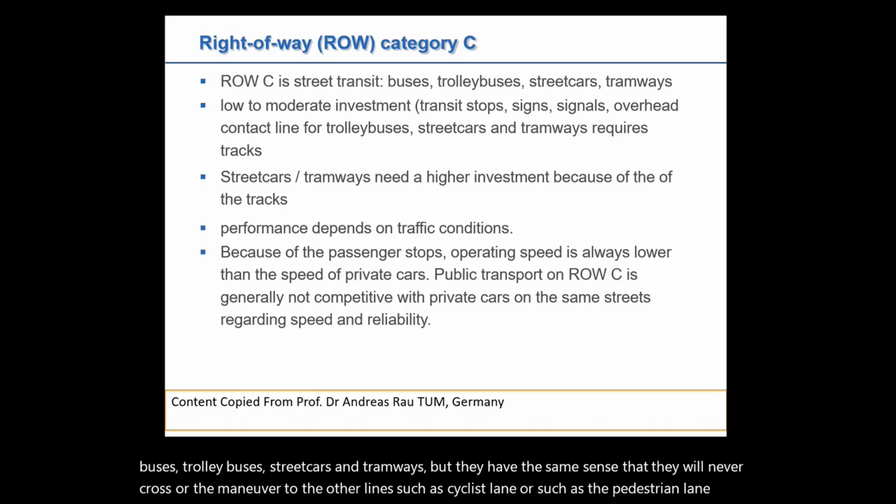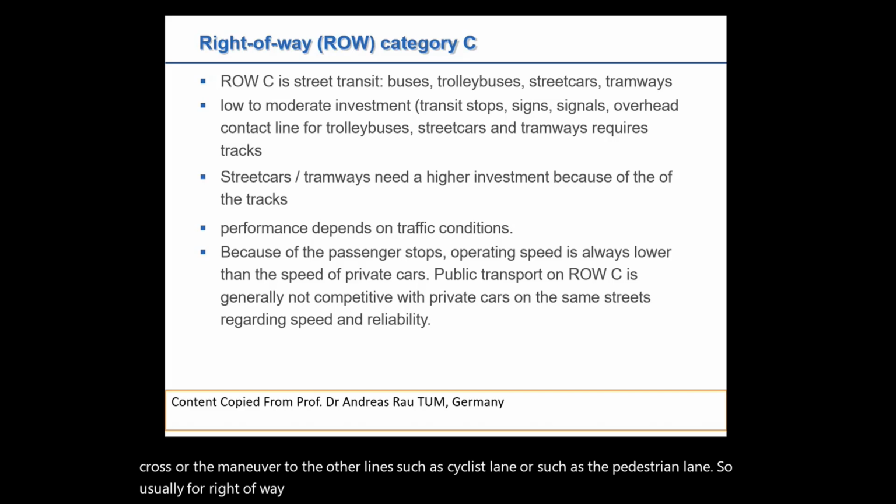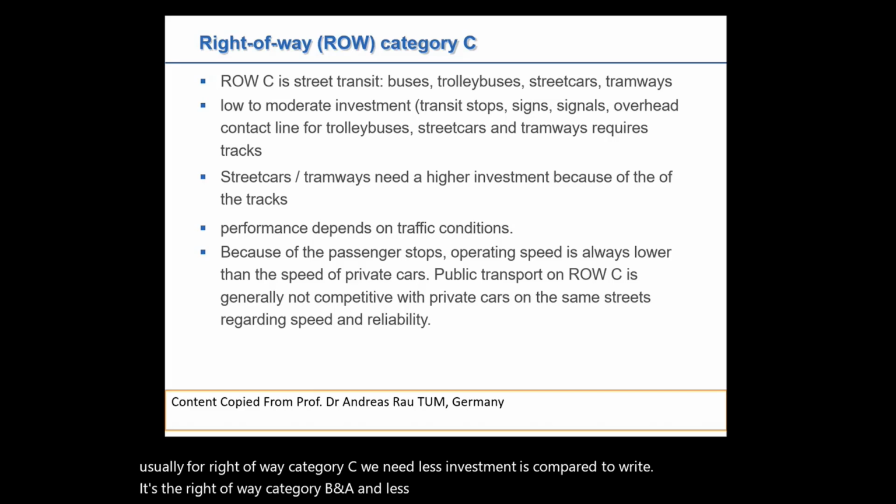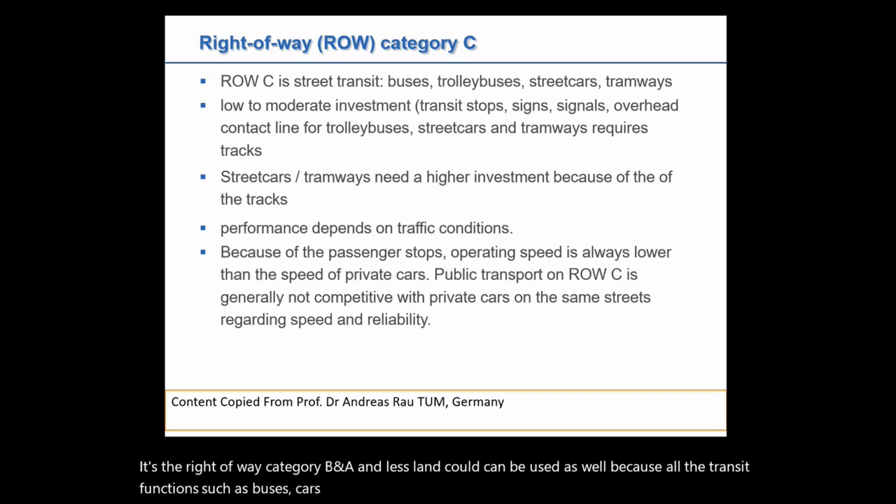Usually, right of way category C needs less investment compared to right of way categories B and A, and less land can be used as well, because all the transit functions, such as buses, cars, other private vehicles and taxis, operate from a single lane.